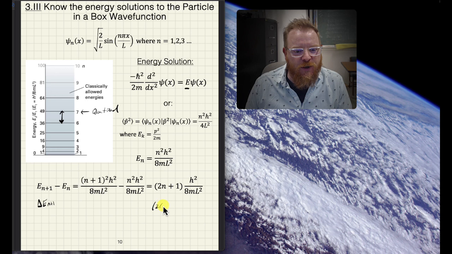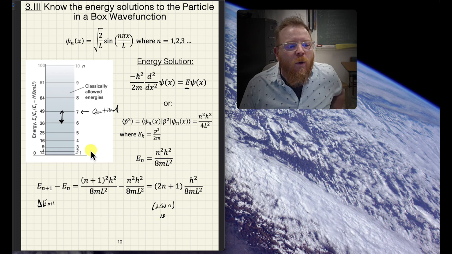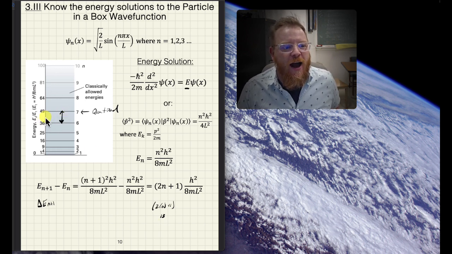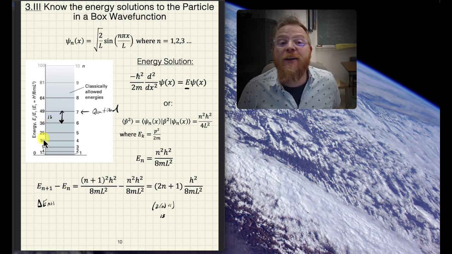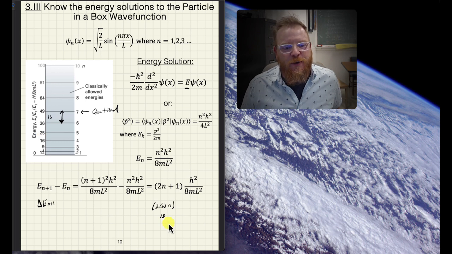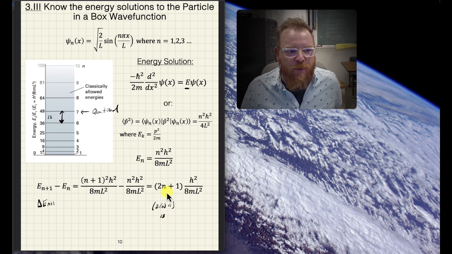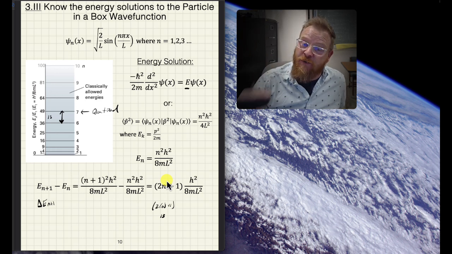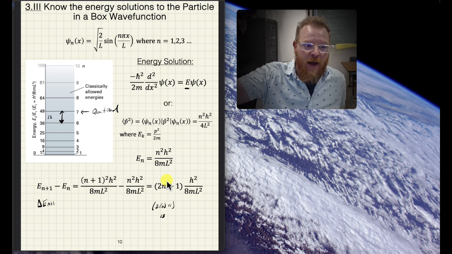That's 2 times 6 plus 1 times this factor right here, so that gives me a factor of 13. Now if I look at this difference from 6 to 7, 49 minus 36 gives me 13. So you can see that the factor here is what raises us up from the lower level of n to the next level up, n plus 1.